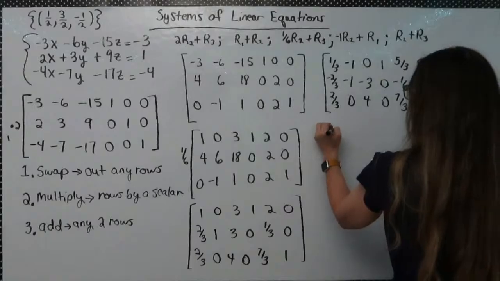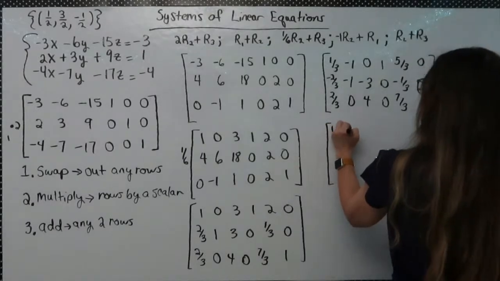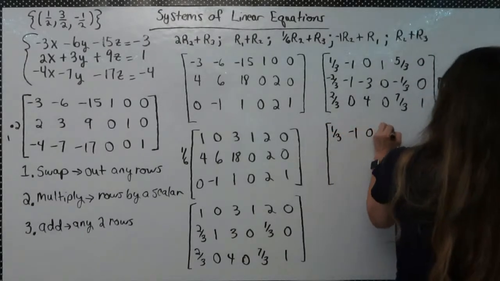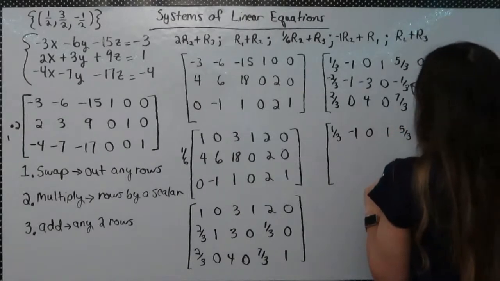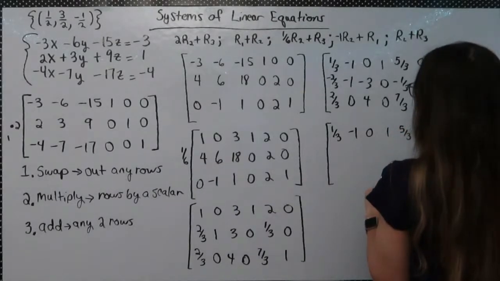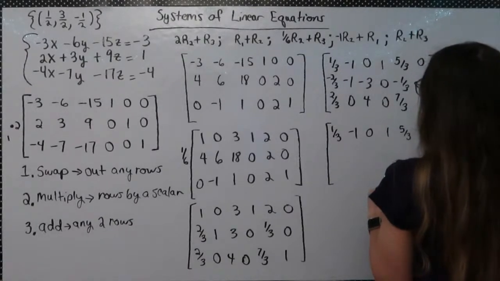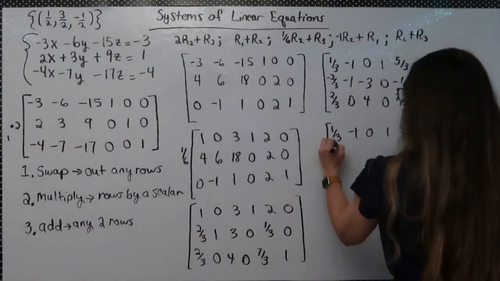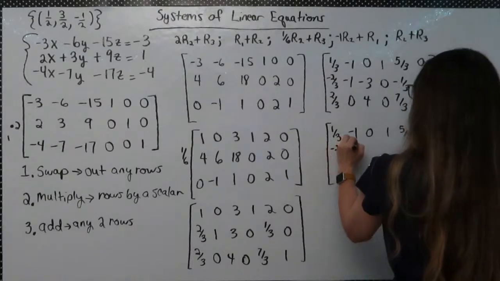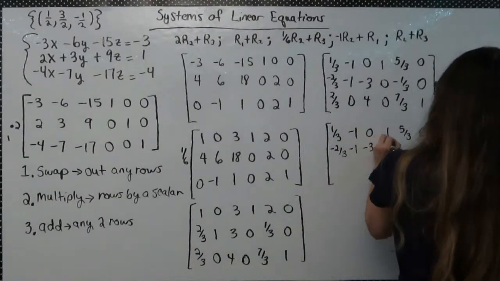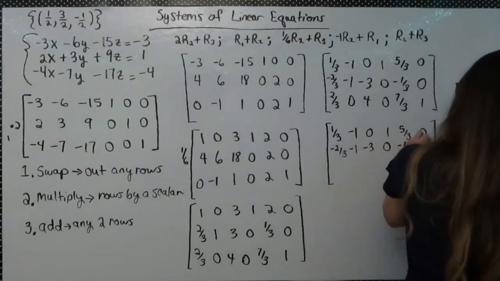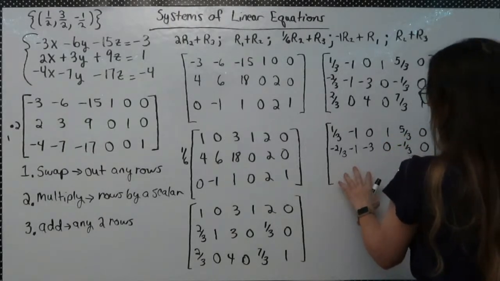Let's go ahead and copy down row 1. 1/3, -1, 0, 1, 5/3, 0, and -2/3, -1, -3, 0, -1/3, 0, and we'll replace row 3.